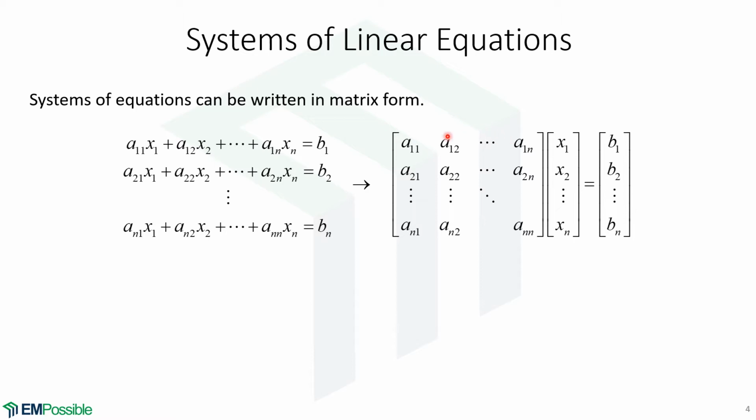So this A matrix can become a rectangular matrix. All of the unknowns, x1, x2, all the way up to xn, are stored in a column vector. So the A matrix is square or rectangular. The unknowns are stored in a column vector. All of the constants on the right-hand side of the equation are also stored in a column vector.